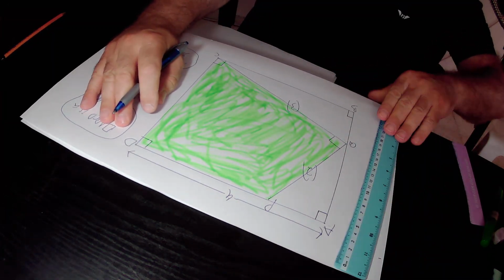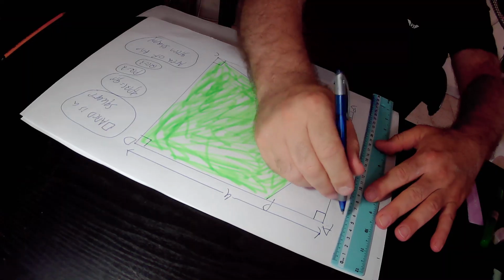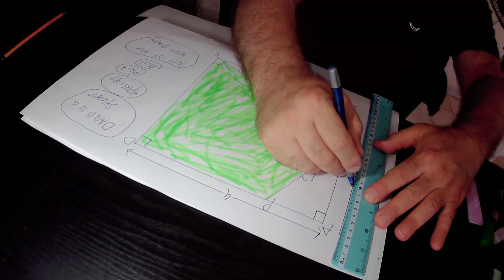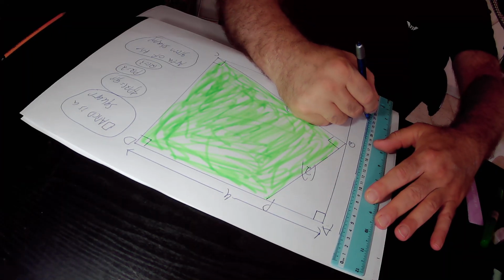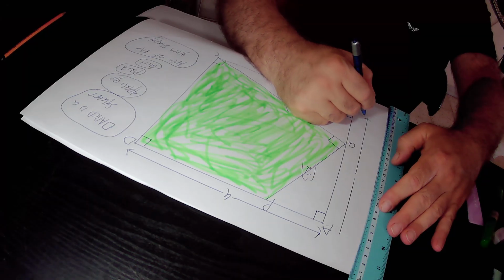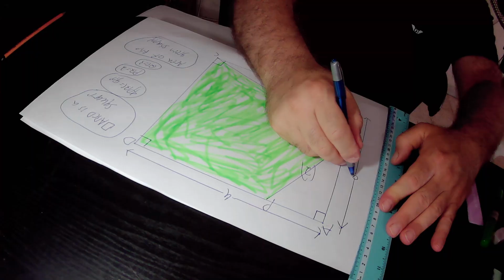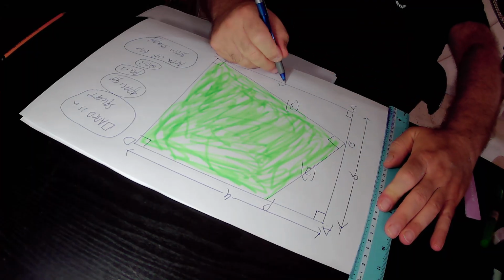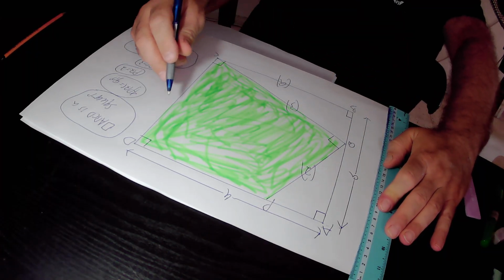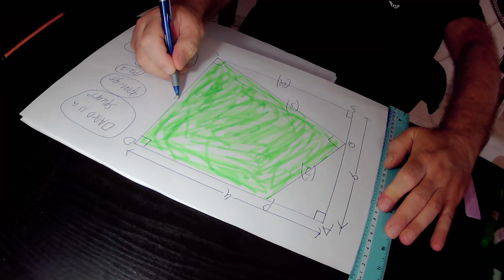Side AB of square ABCD also equals A units in its length. Side BC equals A, and side DC also equals A units in its length.